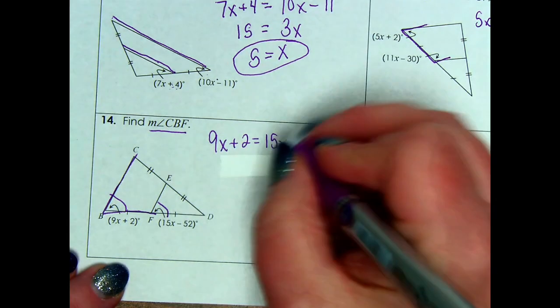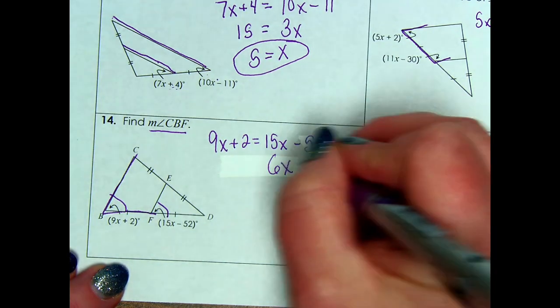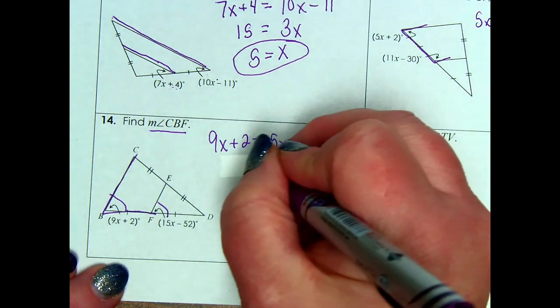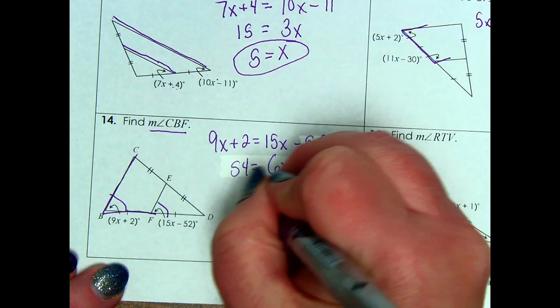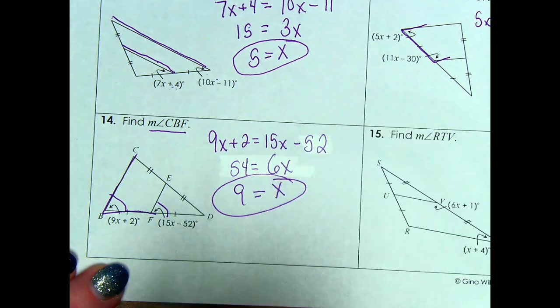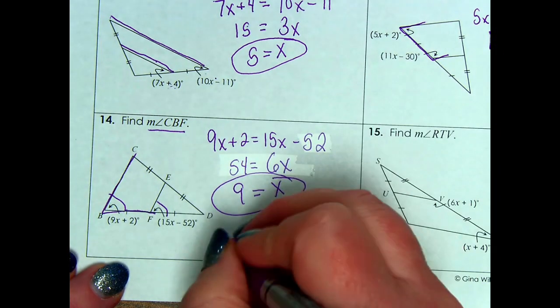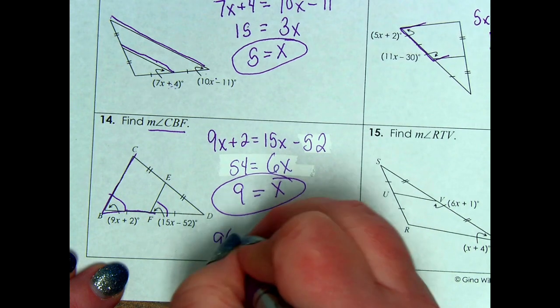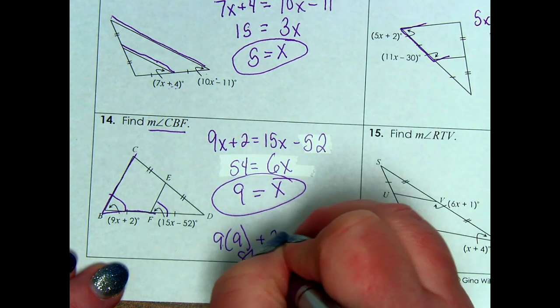I subtract 9x from both sides and get 6x. I'm going to add that 52 and get 54. And when I divide, I get that x is equal to 9. I have to substitute. 9 times 9 is 81. 81 plus 2 is 83.